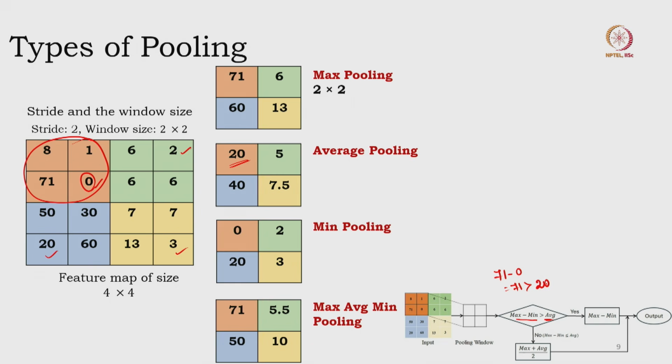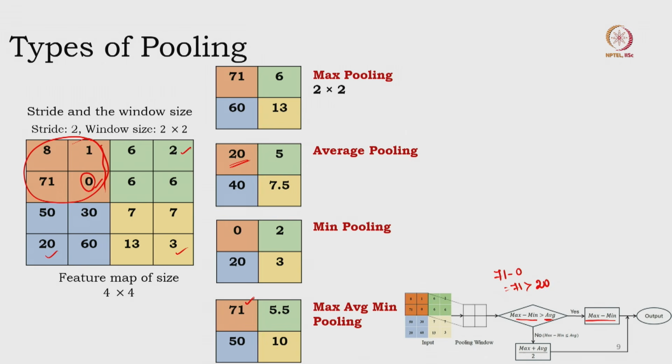How do we get the average? Add all the values and divide by 4. Which values? Only that window's values. So here 71 is definitely greater than the average. If that is the case, what is the output? The output is max minus minimum, which is 71.